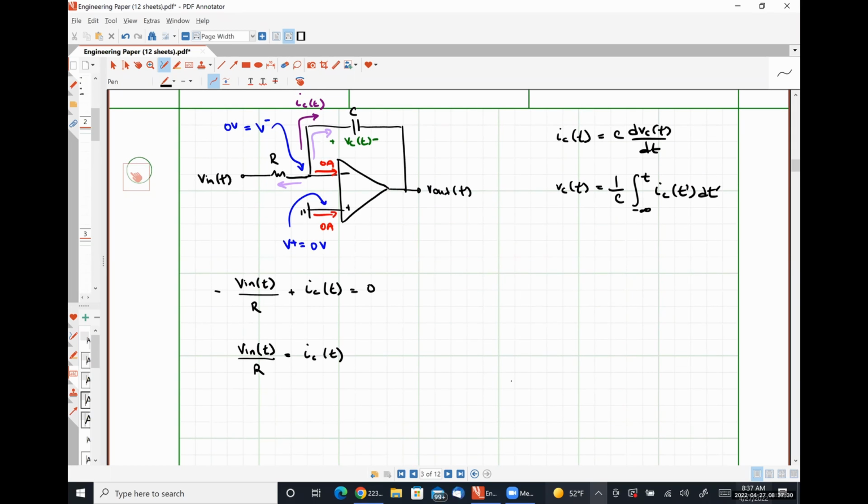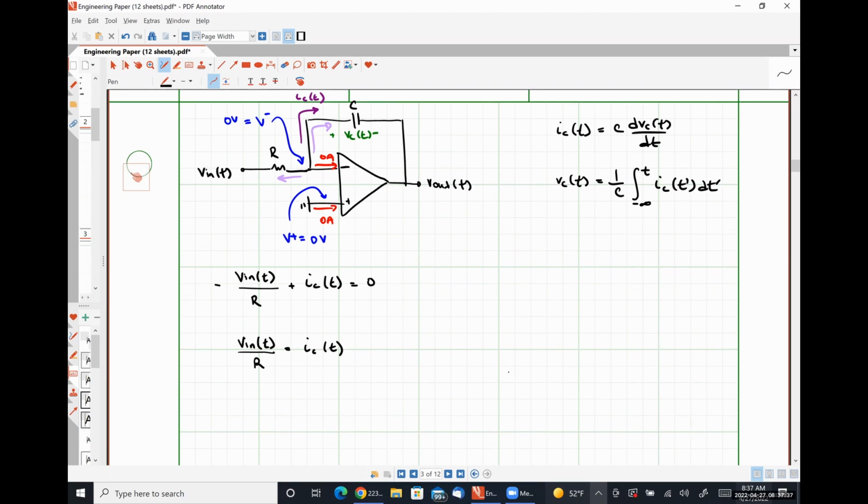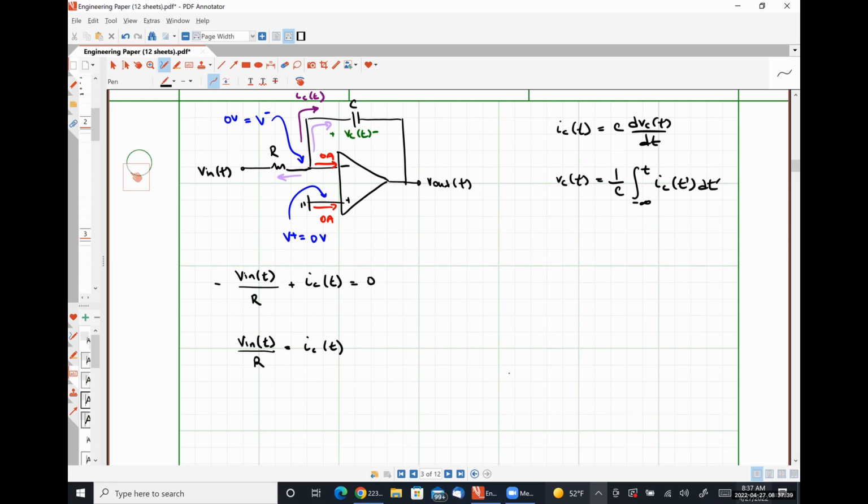So what I'm going to do now is see what the relationship between VC and V out is. Anybody have any thoughts? VC is equal to negative V out. That's absolutely correct.